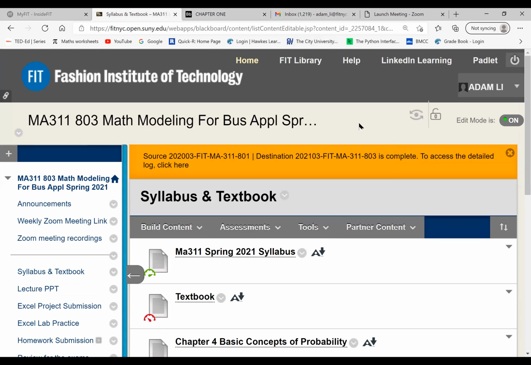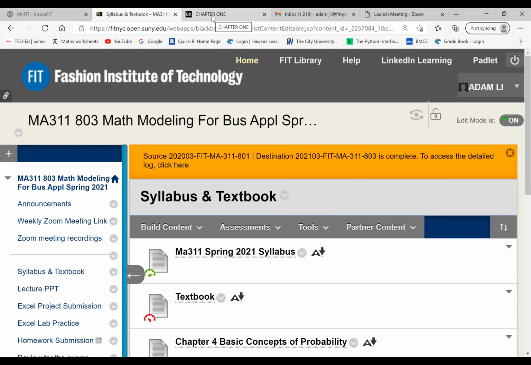You can easily convert the Excel file to a PDF file, or you can use Microsoft Word to do your homework, and later, if you want to convert it to a PDF file, you can also do that. I think that'll be easier in terms of submitting your homework assignment.